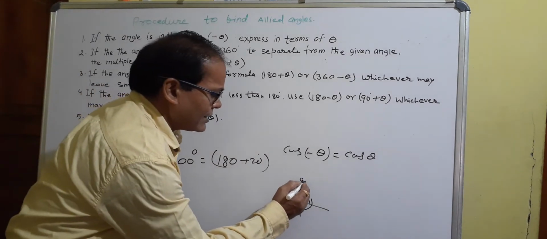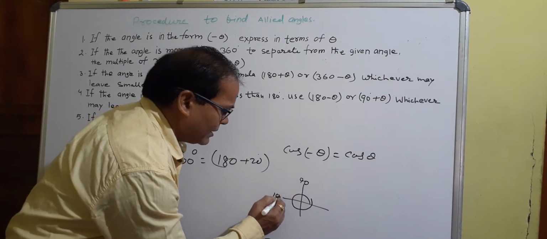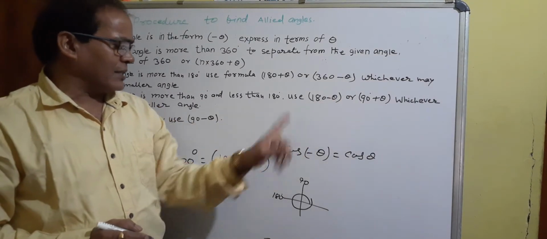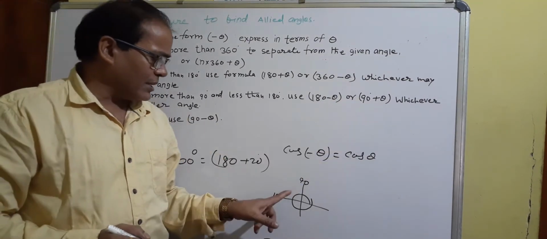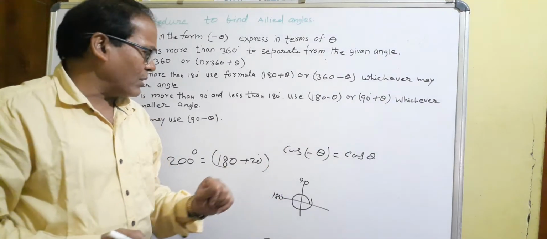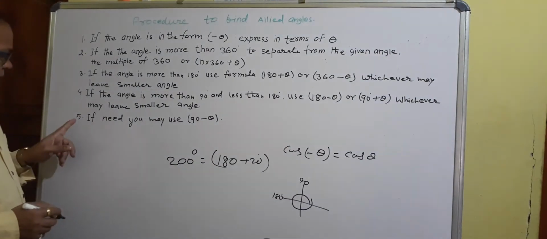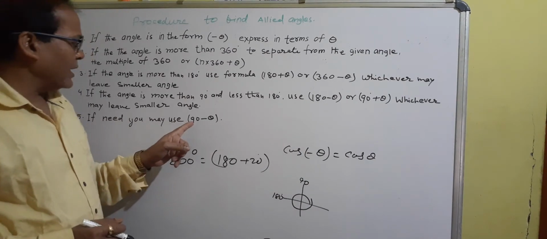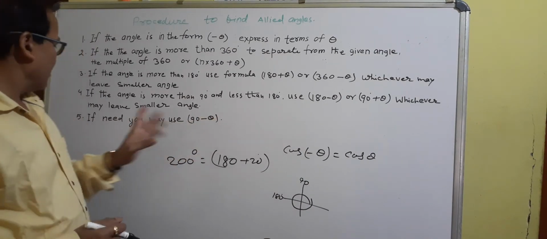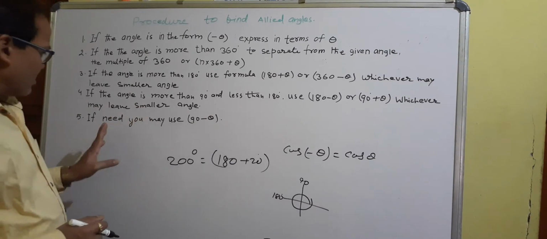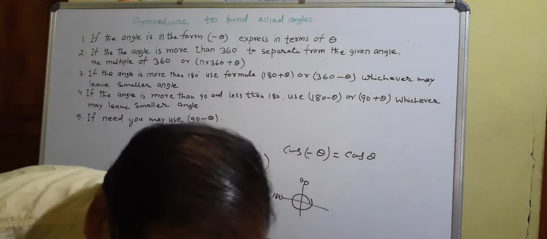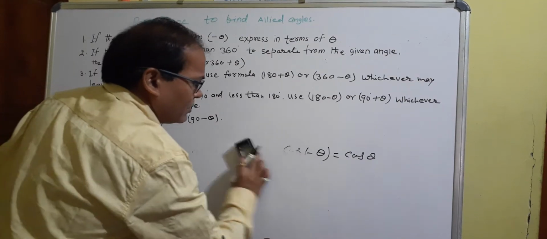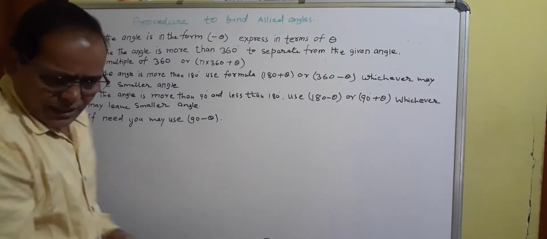In both cases, whether you use 180 minus theta or 90 plus theta, it will be the second quadrant. One more point, if needed, you may use 90 minus theta also. So now some examples. You will understand it more clearly with the examples.